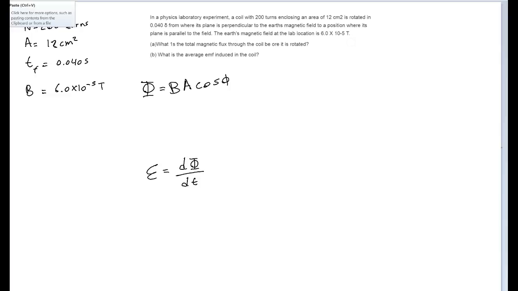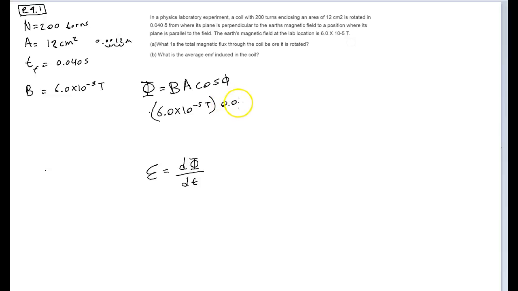And the question is saying, what is the total magnetic flux before the coil is rotated? So B is 6.0 times 10 to the negative 5 teslas. And the area, let me try to convert this over to meters squared.